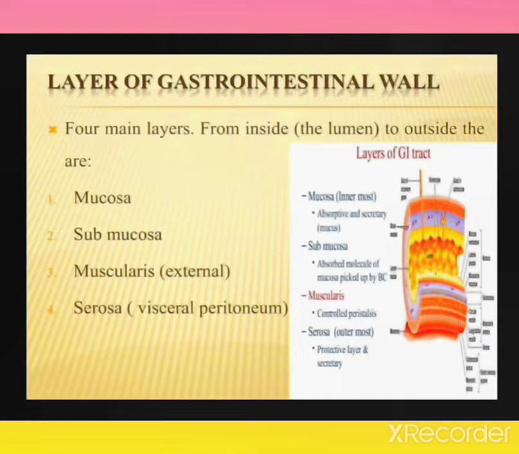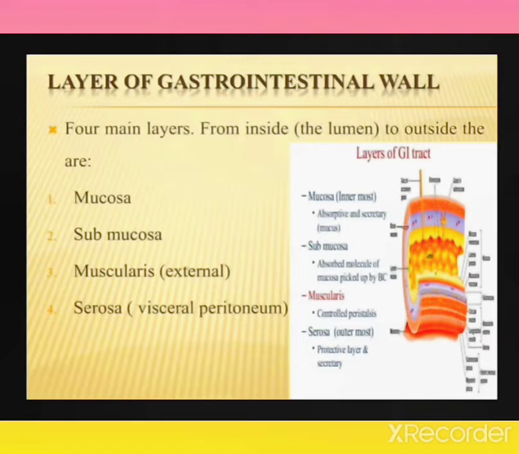I repeat, when we cross-section a GI tract and try to study its histology, the nature of tissues that it is made of, we find that from the interior to the exterior, it is made up of 4 different types of tissue layers. From the interior, mucosa, and then the submucosal layer, and the third layer, muscularis, and the outermost exterior layer is the serosa.